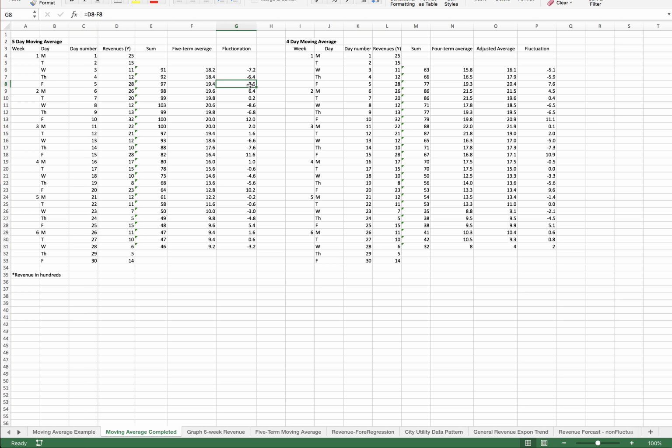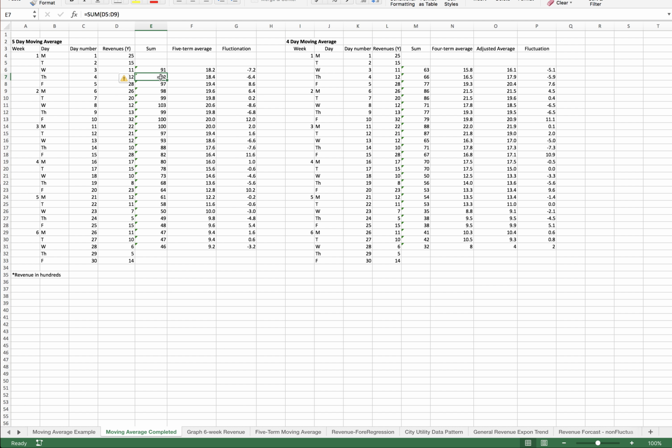Going down to day 5, which is on that Friday, we can see that our revenue was $28, and our 5 term average over that week is $19.4. Here you can see that our actual revenue is above the average. All right, so that's basically how we do a 5 term moving average.